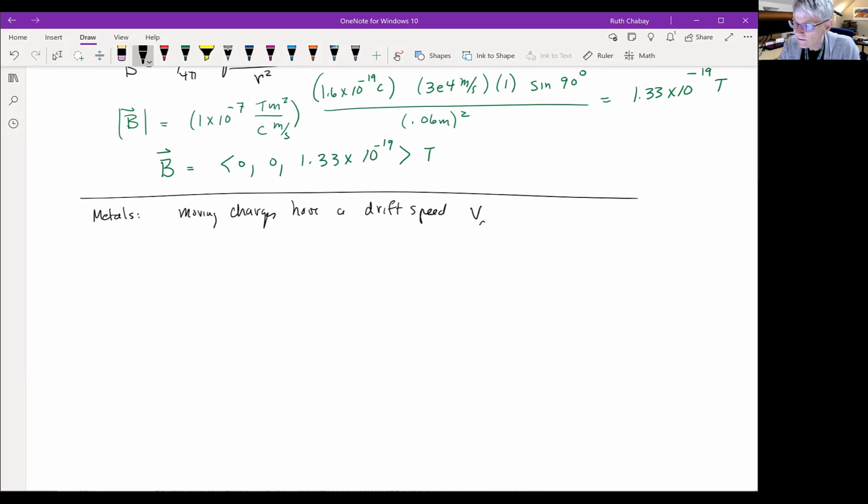We call that V drift. It's an average drift speed. And at equilibrium, the drift speed is 0. So there's no net motion.